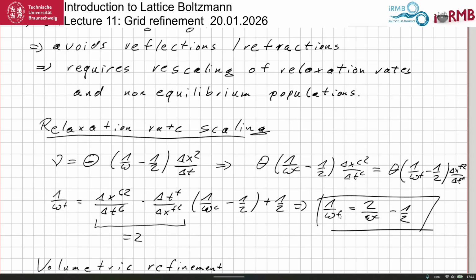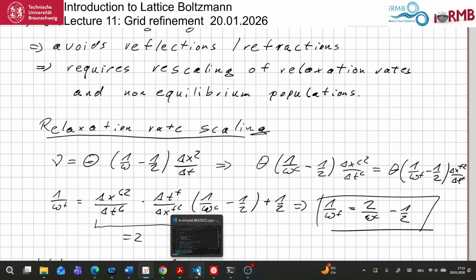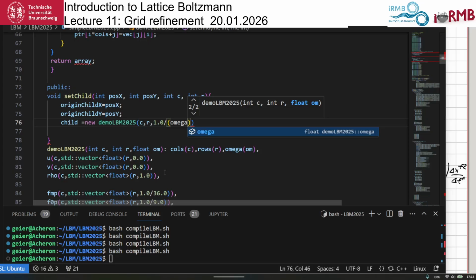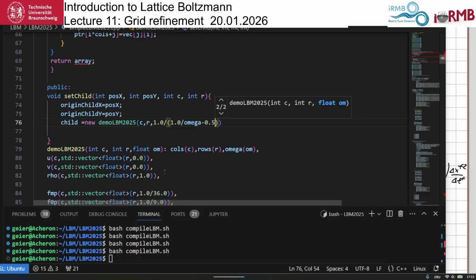So we have to set this omega to 1 over (1 over omega minus 0.5)... wait, it's 1 over omega minus 0.5, times 2. Okay, I hope this is all correct.